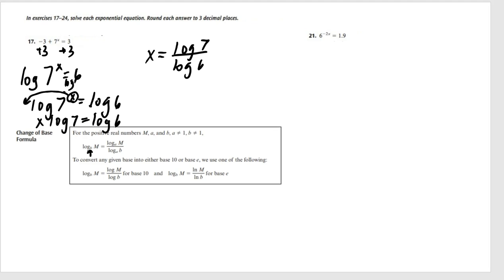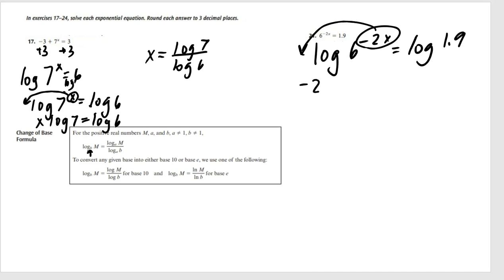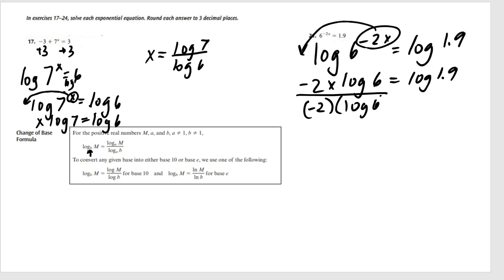Now to do the alternative method, I just take the log of both sides. Okay, and we'll bring this exponent in the front. So I'm going to divide both sides by negative 2 log of 6.